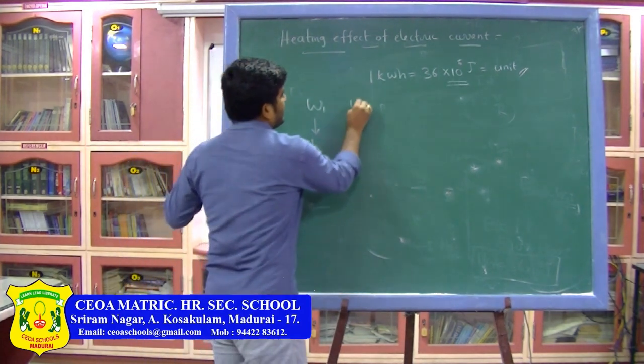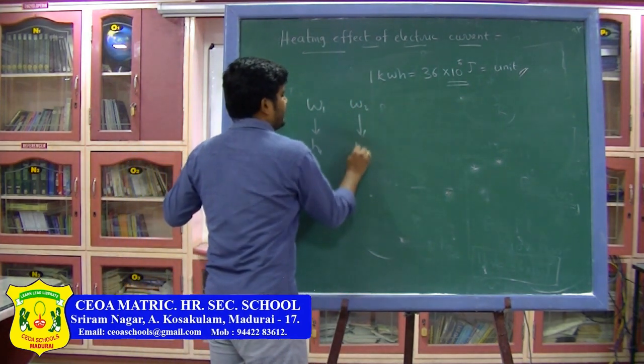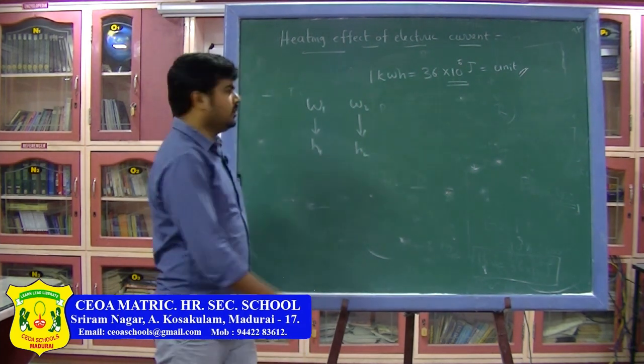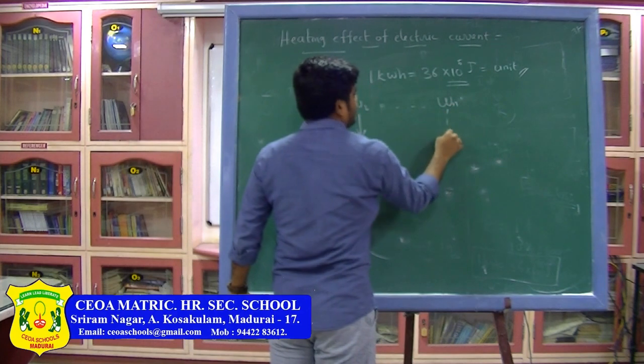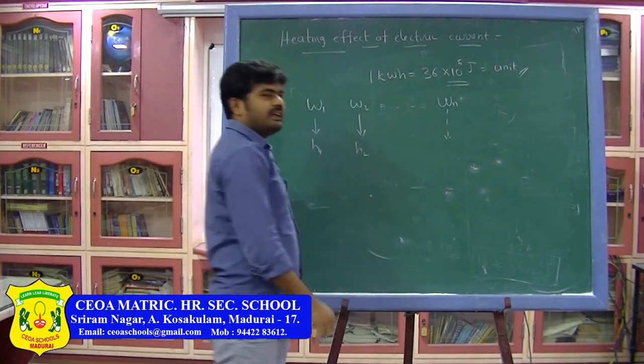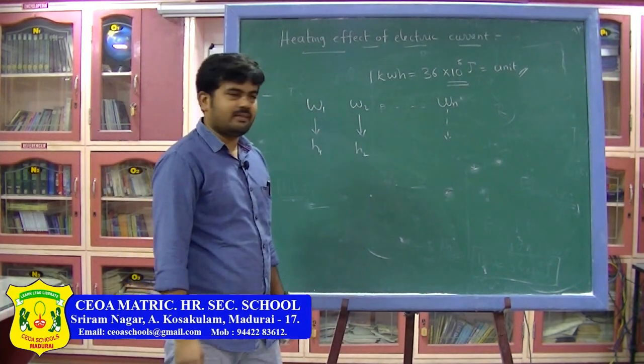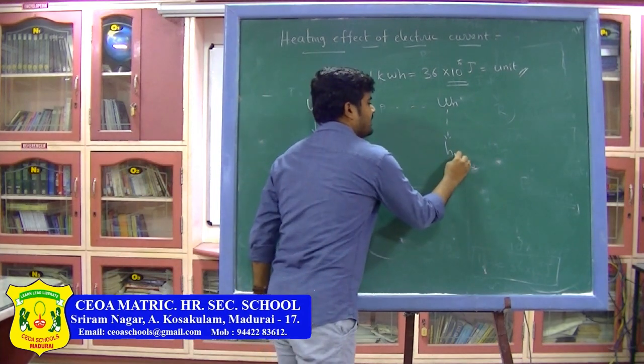Similarly, the second has wattage W2 and is used for H2 hours. Similarly, there are n devices, where Wn is the wattage of the nth electrical appliance, which is used for Hn hours.